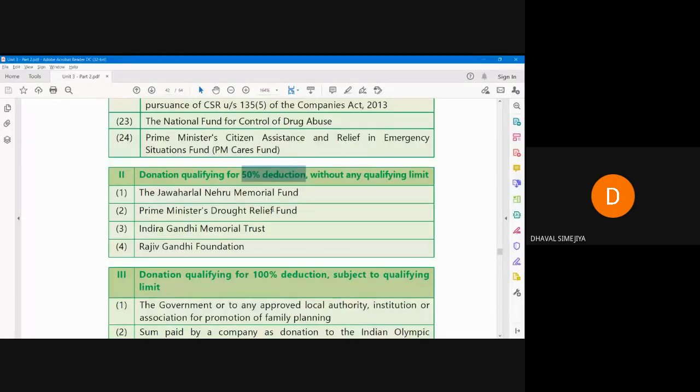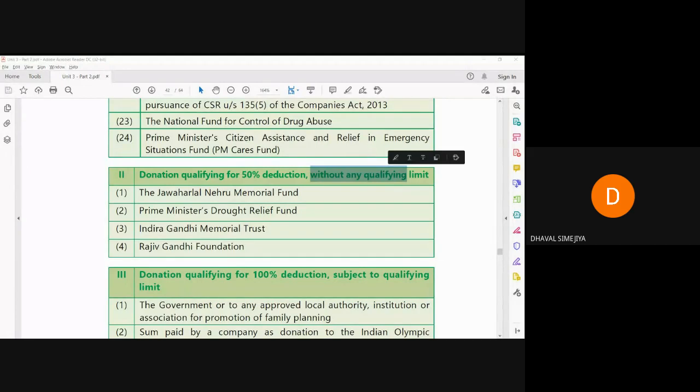If I give 10,000 rupees, I will get a 5,000 rupee deduction under section 80G without any qualifying limit. There is no qualifying limit. You will get 50% deduction, and it is very easy to remember.